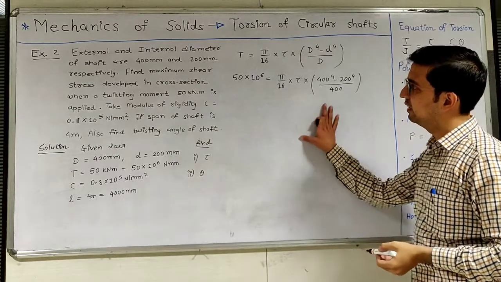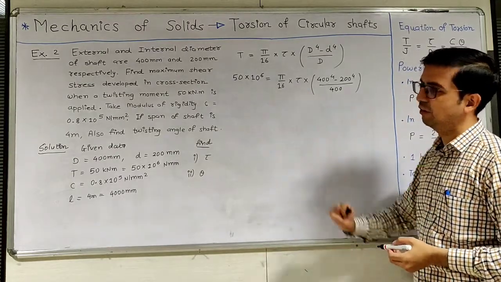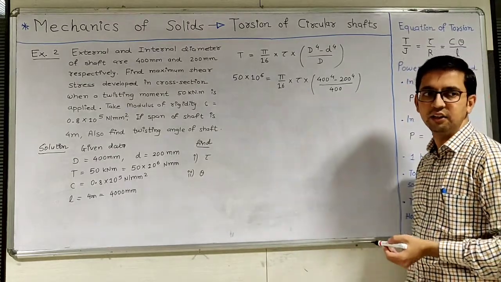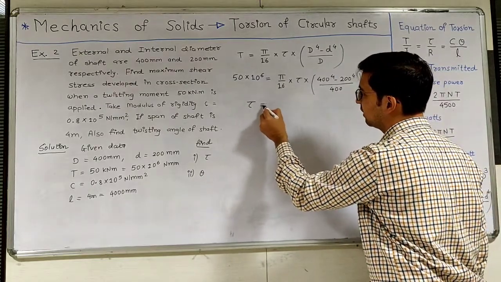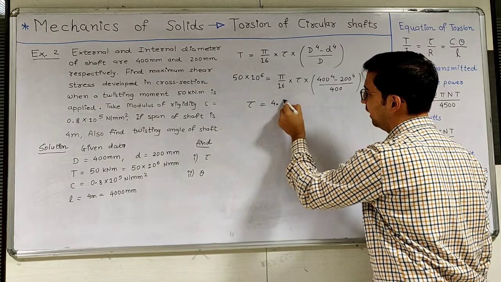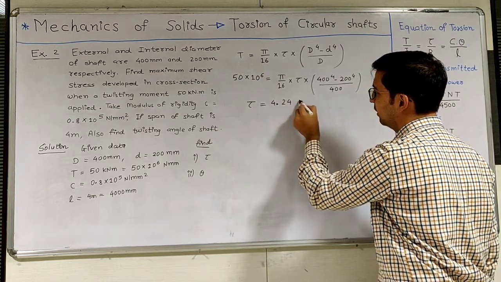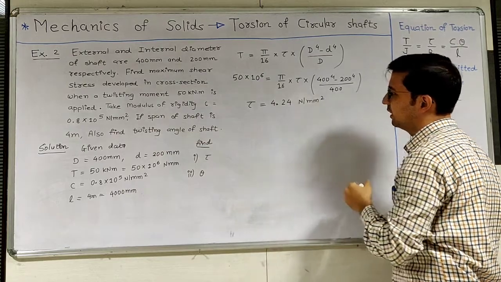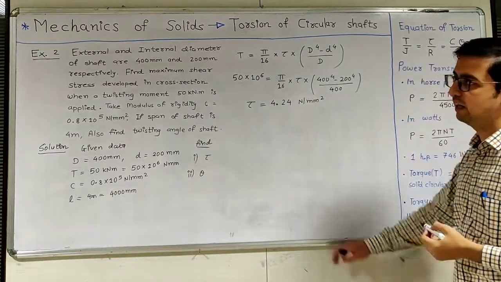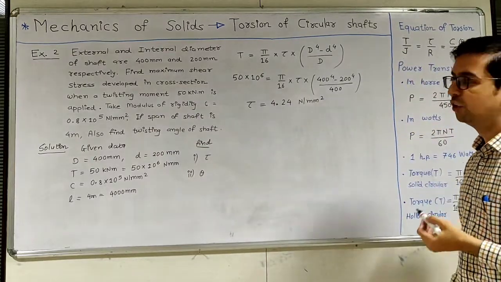By simplifying this equation we will get the value of shear stress tau as 4.24 Newton per mm square. So this is the first parameter required in this example number 2.